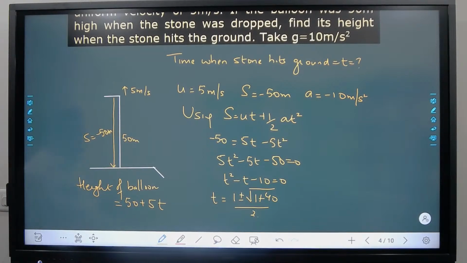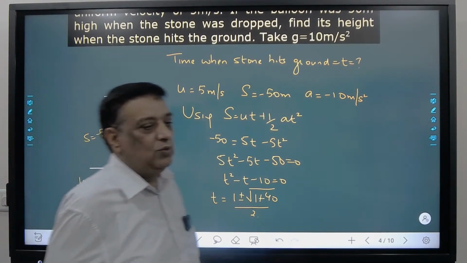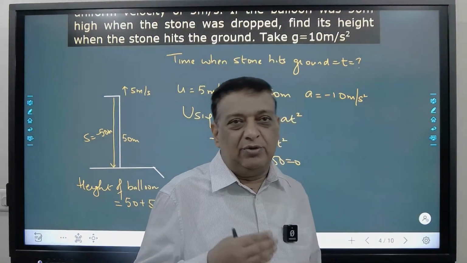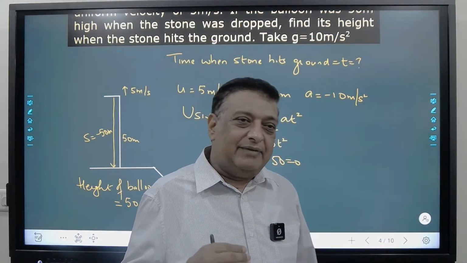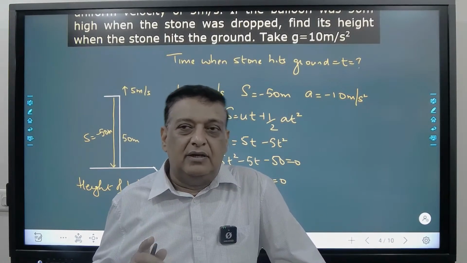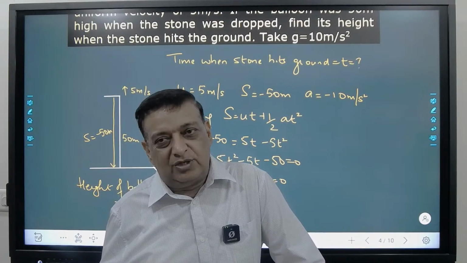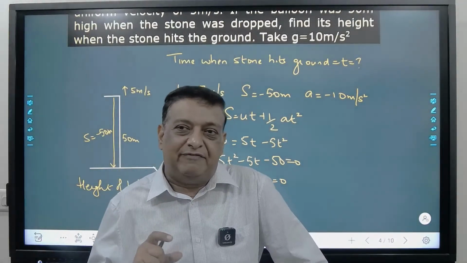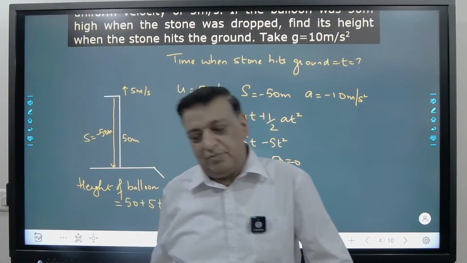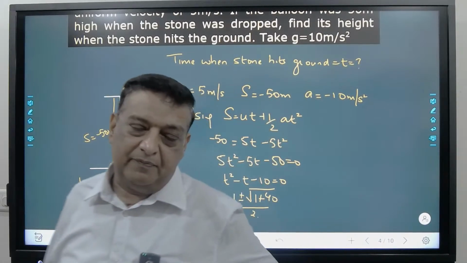Because we are given that it's dropped from a moving balloon, first we have to find the time taken by the body to reach the ground. In that time, as the body is moving down to the ground, the balloon is moving up. Initial height of the balloon is 50 meters. So in time t, it travels further by 5t because 5 is its velocity. So you can say the total height of the balloon will be 50 plus 5t.